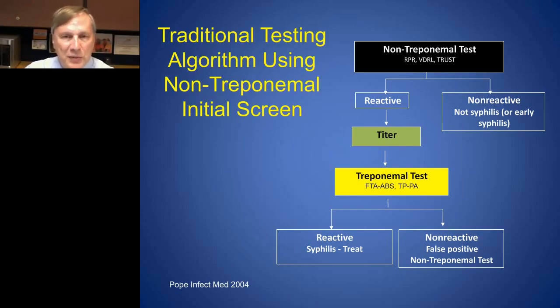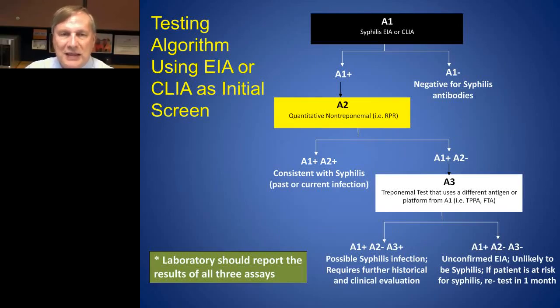So a treponemal test for a reflex test. If it's non-reactive, it was suggested in this algorithm that it was a false positive non-treponemal test. Certainly could be true, but if it was non-reactive, you remember that in primary syphilis, there are some issues, and there's issues with false positivities. So if it was reactive, syphilis and treat. Very straightforward, not a lot of detail on it.